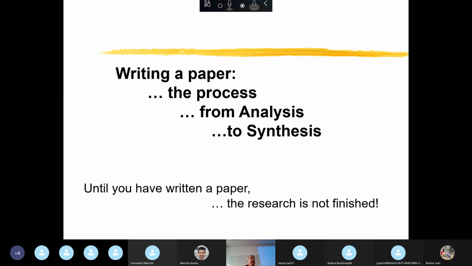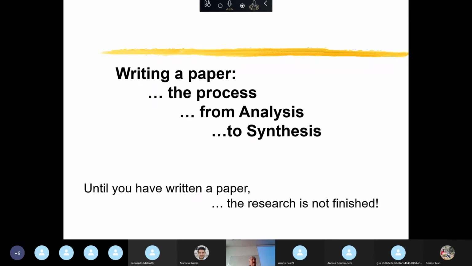You see, so take the qualifying exam or take any other paper. What do you do? You just do research, right? You do research for so many months, and then you decide, or your advisor tells you, okay, it's time to write a paper. So this means that you have done the analysis. This means that because of your understanding of the state of the art, the analysis is over, and it's time to write.